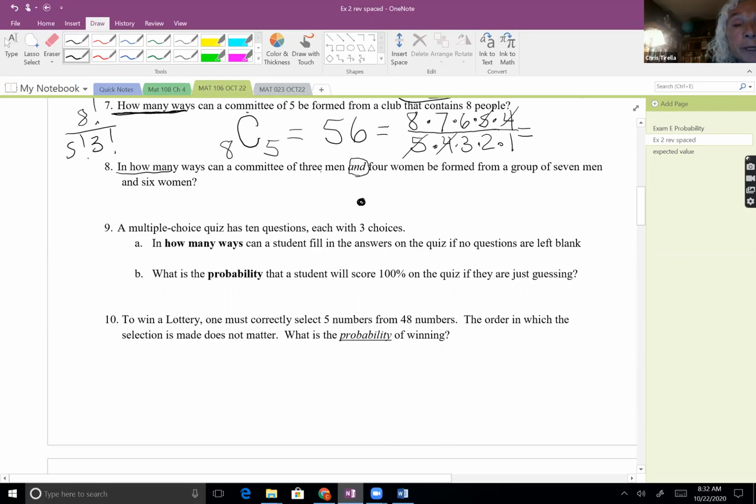But because I'm making a committee of men and women, I need 2 combinations: 1 for the men and 1 for the women. I have 7 men to pick from, and I want 3 of them. I have 6 women to pick from, and I want 4 of them.